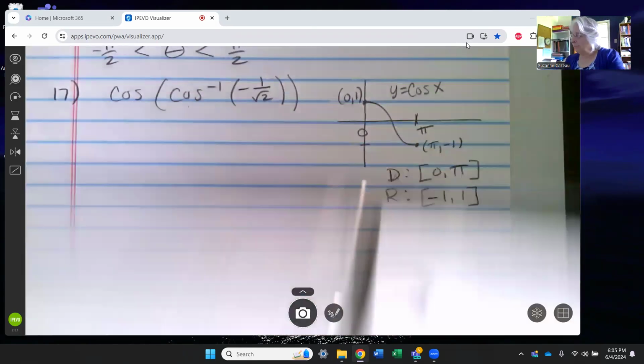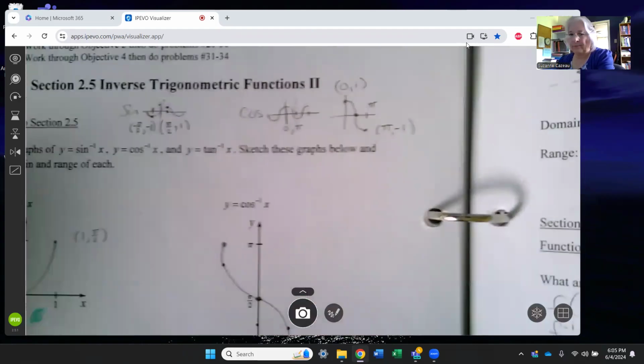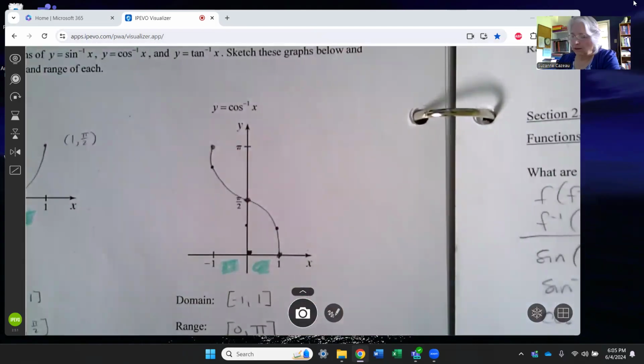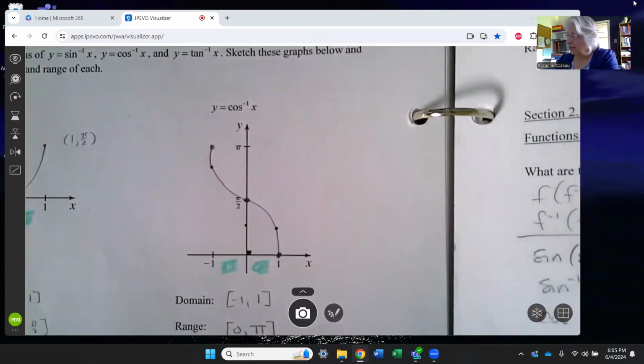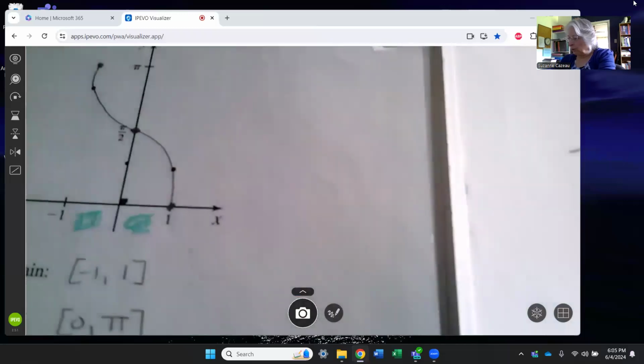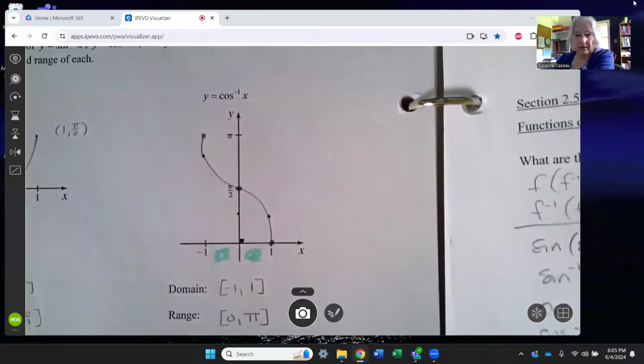So I drew the inverse function on my page here. It looks something like this, okay? And you want to say to yourself, is negative 1 over root 2 in the domain of this function? Your domain and your range are traded.